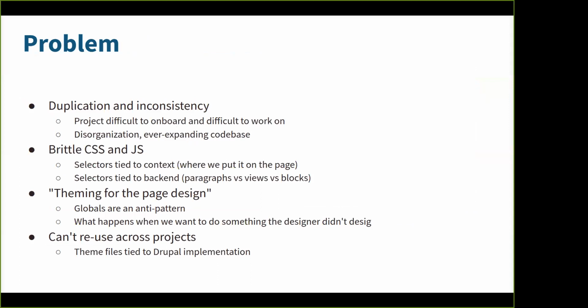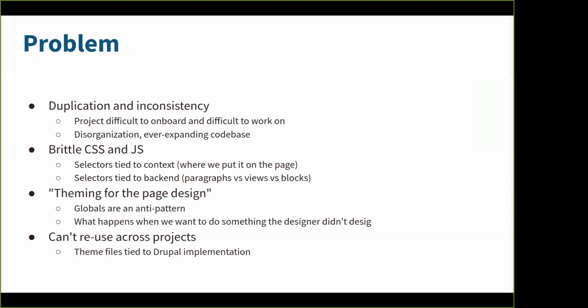Some of the problems that components and component-driven development try and solve can be especially evident with the quote-unquote traditional Drupal theming, including CSS and JavaScript selectors that are tied to their context, i.e. where they're put on the page, or tied to their back-end implementation, i.e. whether they're implemented with views or paragraphs or other Drupal rendering tools.